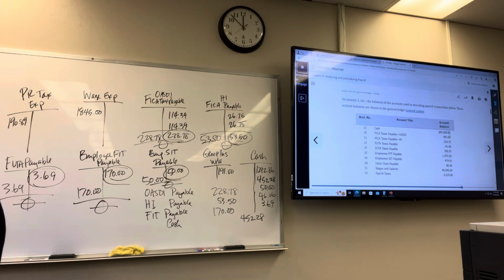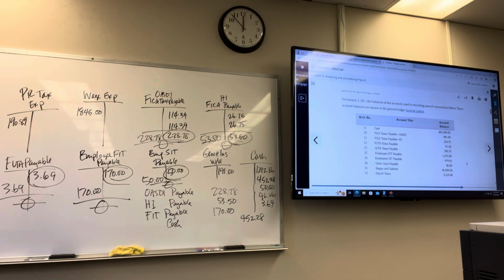So you can tell from this, they've got $85,000 cash in their account. They have FICA taxes right now that are payable, so they owe FICA taxes. $961, sorry, the OASDI taxes. Medicare taxes that they owe are $224.75.